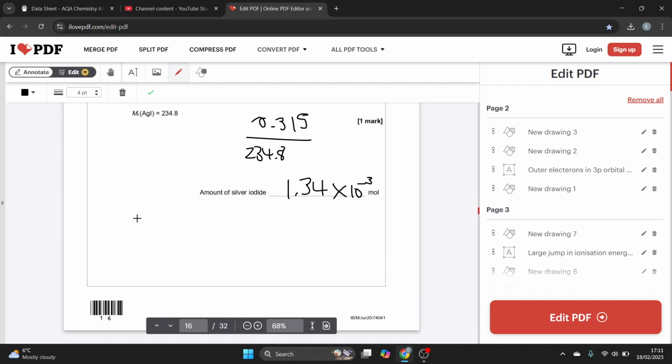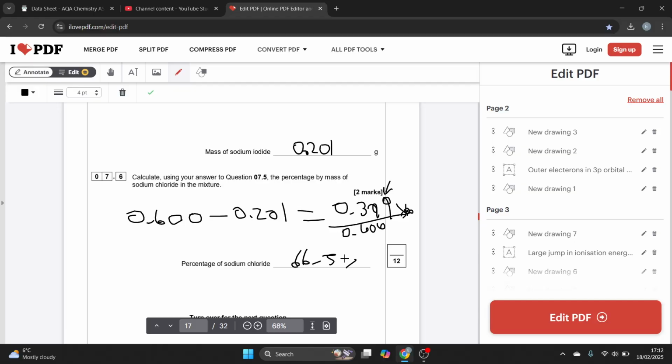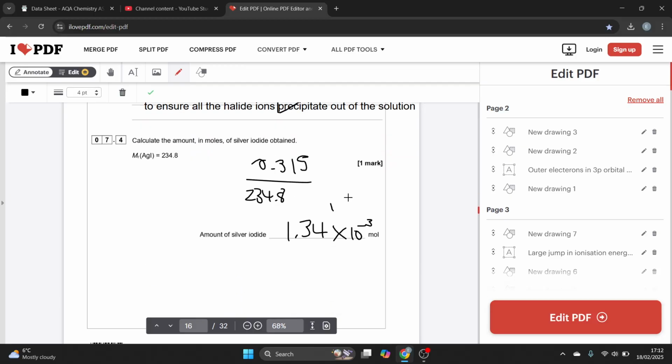So I'm going to do 0.600 minus 0.201, or minus the answer on my calculator, 0.399 divided by 0.600, because that's the mass of sodium chloride, times 100. And I get 66.5%.